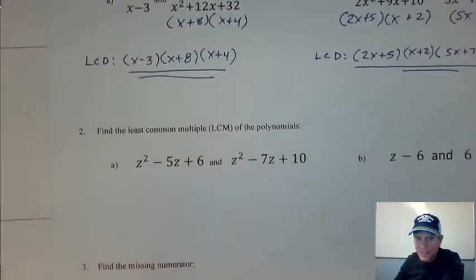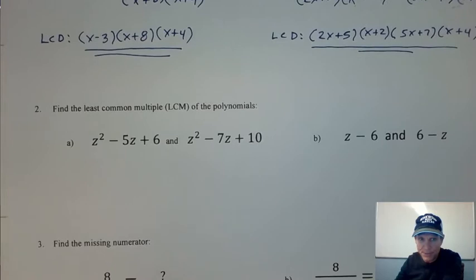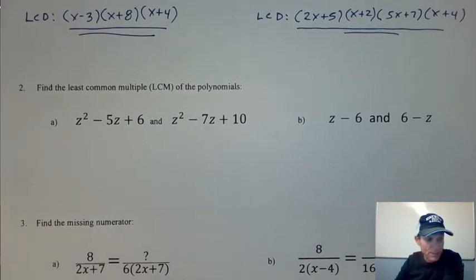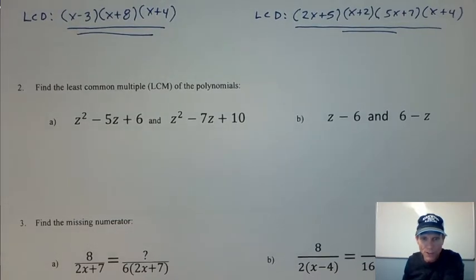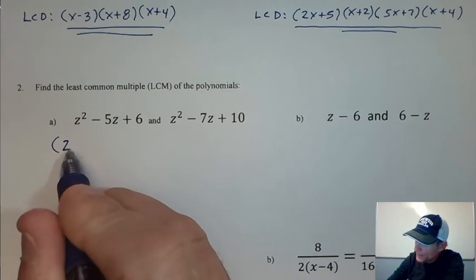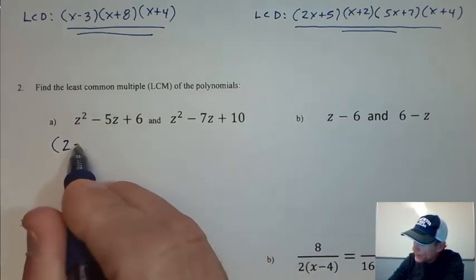So maybe these will come out a little bit different here, but we find the LCM of this polynomial here, or these two polynomials. So it's basically the same thing we were doing for LCD, but we just don't have denominators. So this is z minus 3.